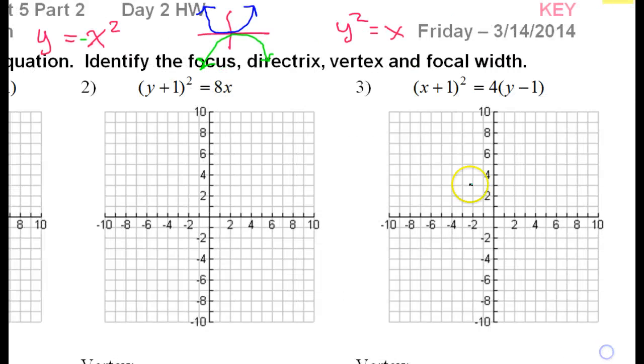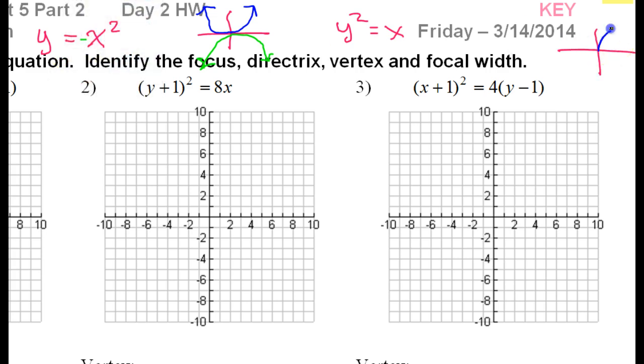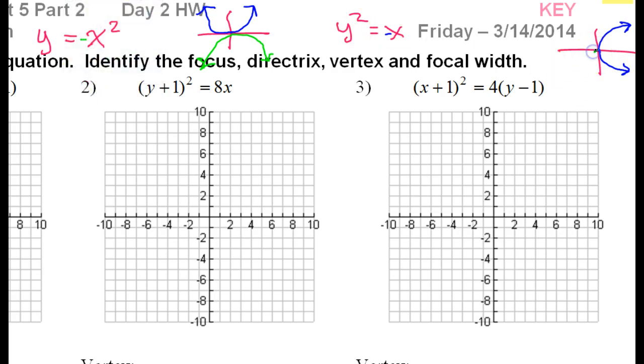That means it must be a weird sideways parabola like this. If it's positive, it opens to the right, and if it's negative, that would mean it's sideways to the left. But either way, if you see good old x squared, that means it's either up or down. But if you see this strange new y squared, that means it's going to be sideways.